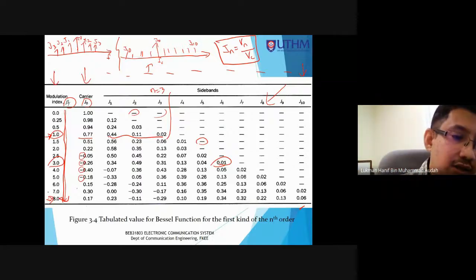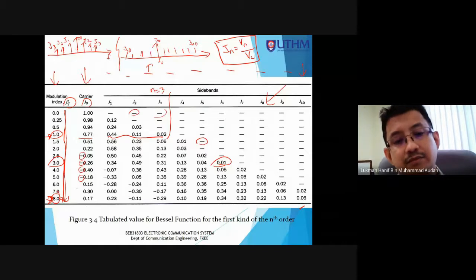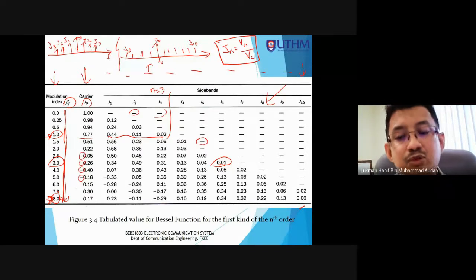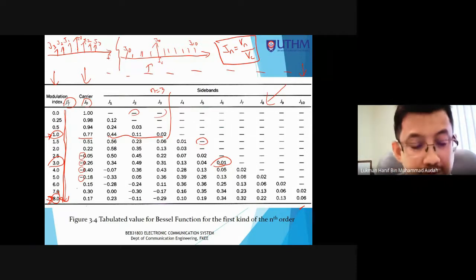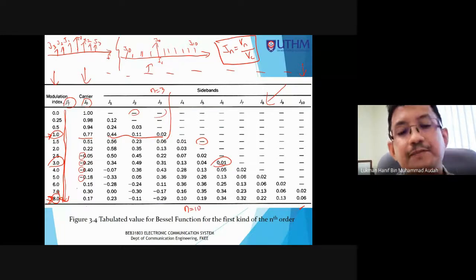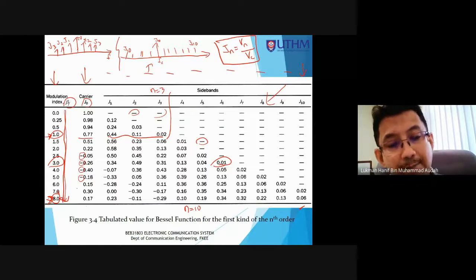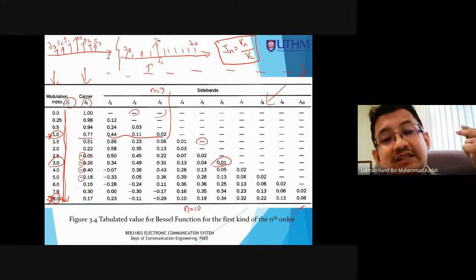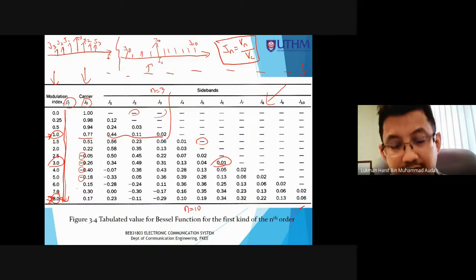Perhatikan yang lain. If beta F is equal to 8, we're gonna produce up to 10 pairs of sideband. That means N equal to 10 for beta F equal to 8. Nampak. So maknanya nilai N bergantung kepada nilai beta.